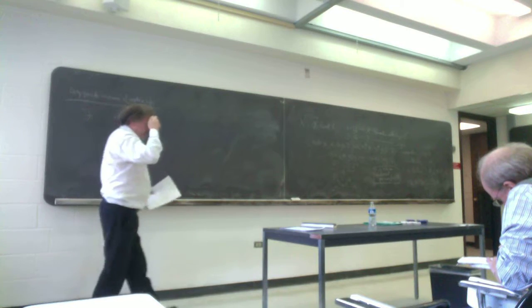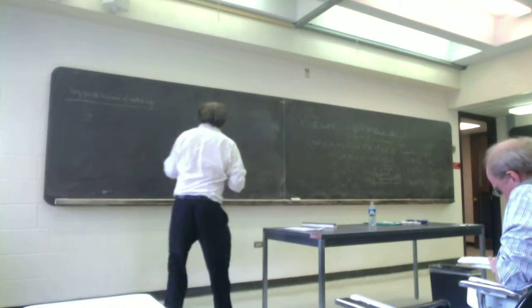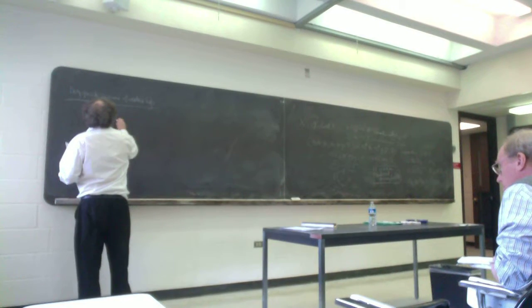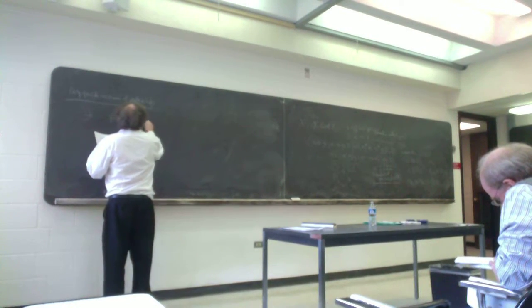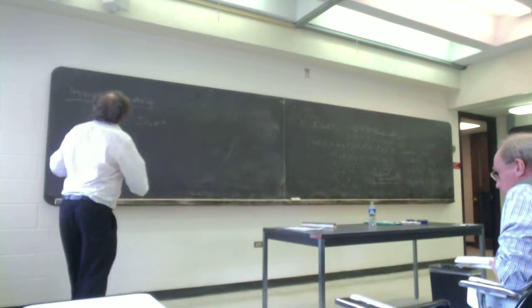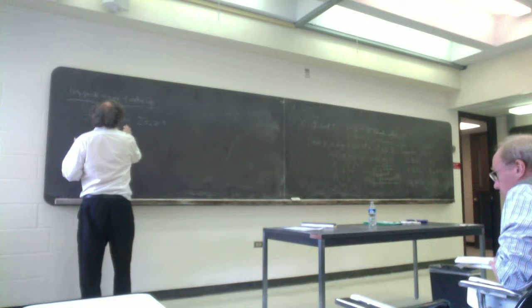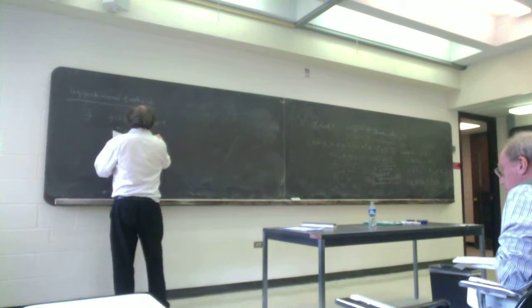psi(z) equals the sum of ψ_n z^(-n). This is the generating function for fermions, and the duals.